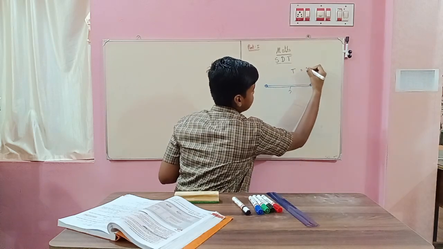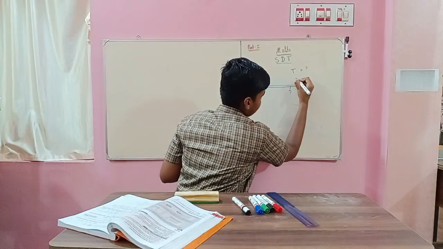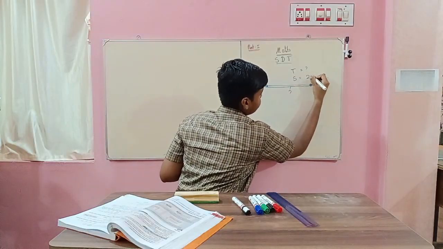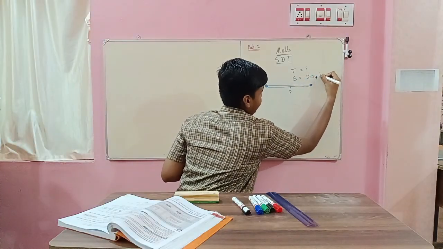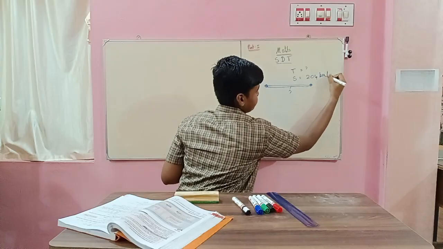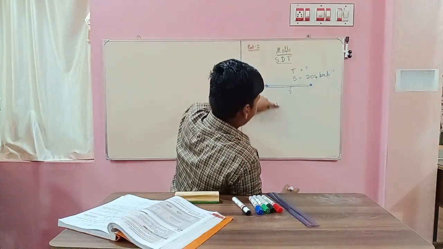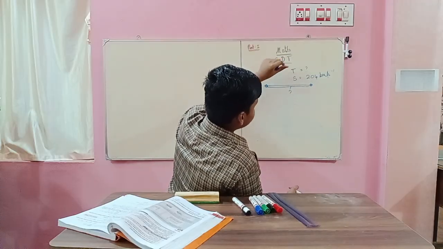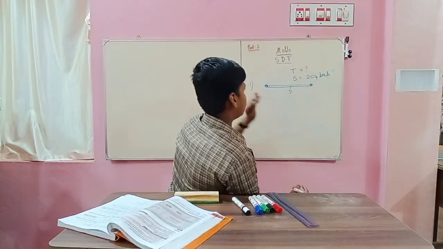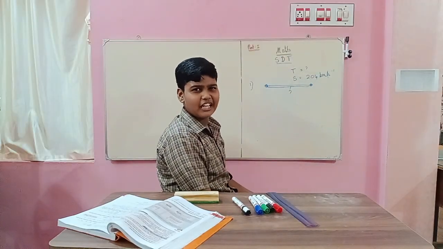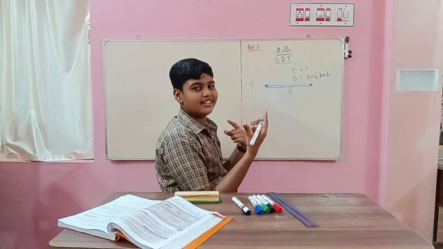Time taken is unknown, but the speed is 204 km h minus 1. Then find the time taken by the train to cover this place. Okay, it's very different, right?